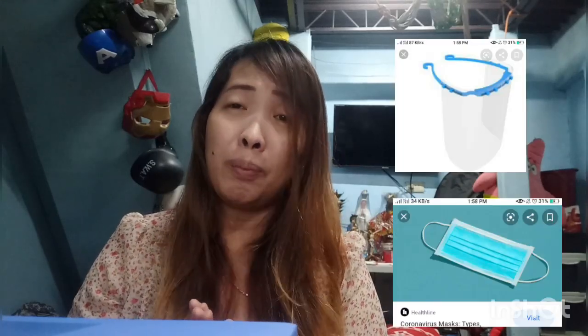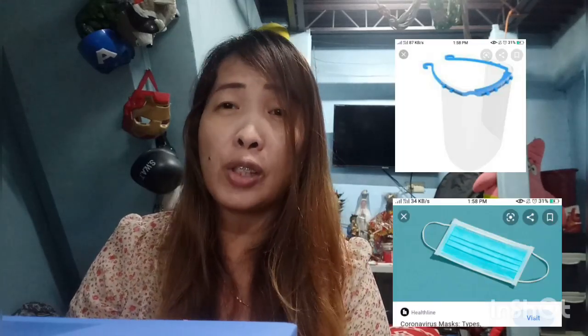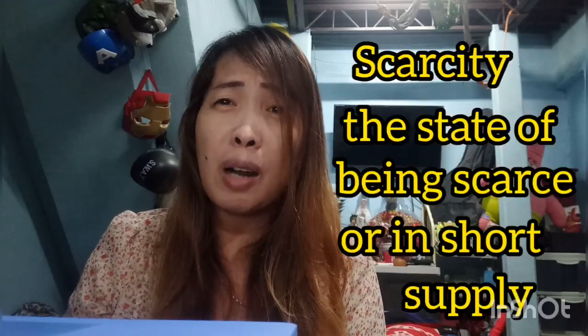So, just for example, di ba, before there was scarcity of face masks and face shields. Have you noticed na grabe, super kamahal ang mga face mask, ang boxes before, grabe kamahal, ang per piece, grabe kamahal, hasta ang face shield. I even bought it for 150. But now, what have you observed, di ba?